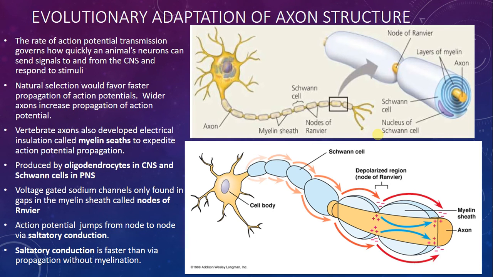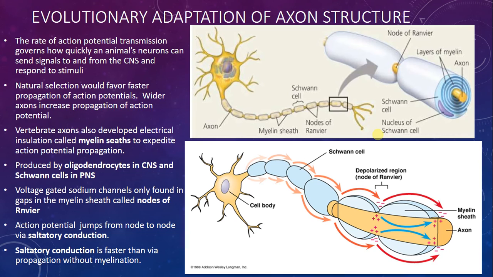Lastly, very important, evolutionary adaptation of axons. So the rate of action potential transmission governs how quickly an animal's neurons can send signals to and from the CNS and respond to a stimulus. Naturally, natural selection would favor faster propagation of action potentials, because if an animal's nervous system can propagate action potentials faster, it can respond to changes in its internal and external environment faster and survive.